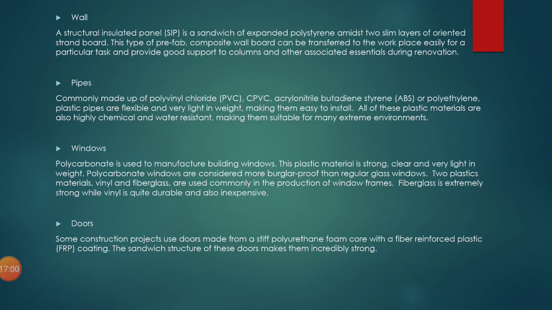Wall. A structural insulated panel, SIP, is a sandwich of expanded polystyrene amidst two slim layers of oriented strand board. This type of prefab composite wall board can be transferred to the workplace easily for a particular task and provide good support to columns and other associated essentials during renovation.